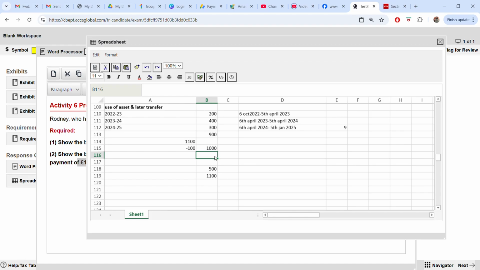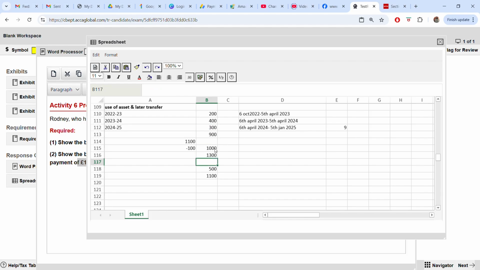So now what happened? What is the taxable benefit? The taxable benefit is this plus 300.